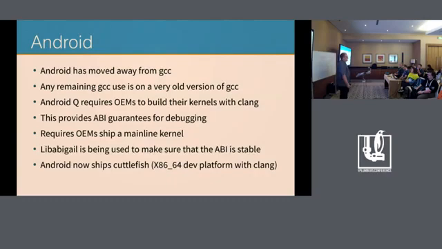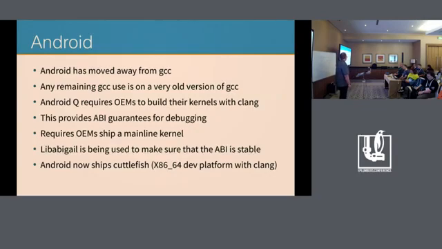There are now people using something called libabigail that allows the testing of binary ABIs to make sure that the appropriate thing happens. They're basically trying to make sure that the ABI doesn't change over time or between versions of the kernel, or indeed, ideally, between GCC and Clang. But to a large degree, they're trying to make sure that the Clang ABI for their platform basically stays the same.